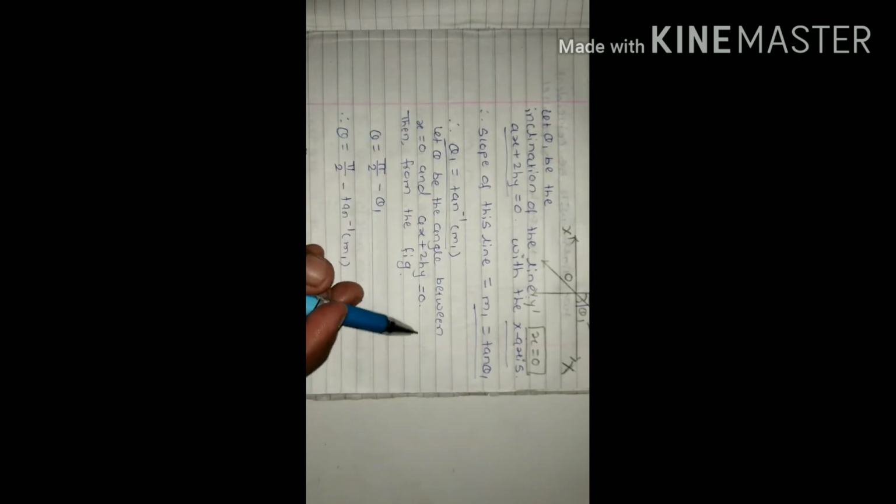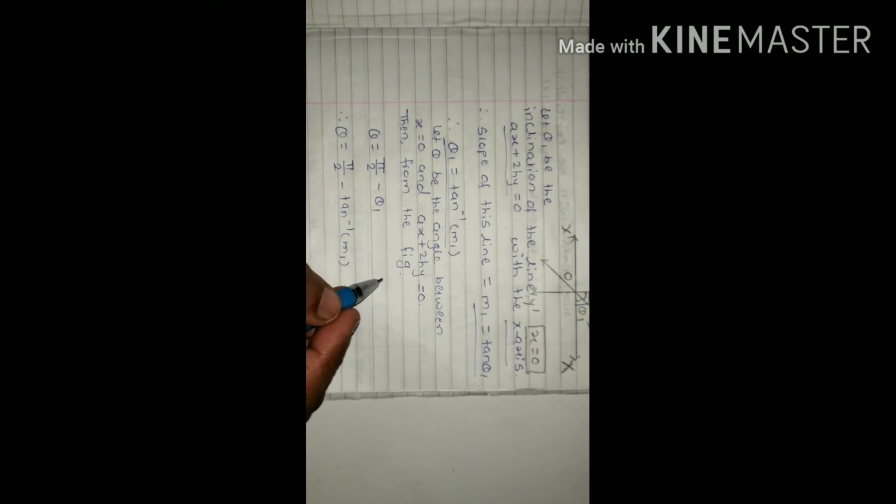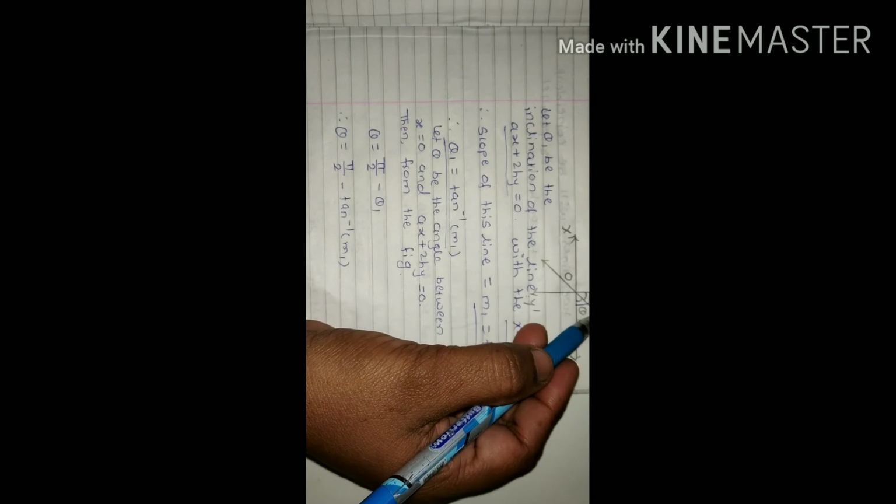Let theta be the angle between x is equal to 0 and ax plus 2hy is equal to 0. Then from the figure theta is equal to pi by 2 minus theta 1.